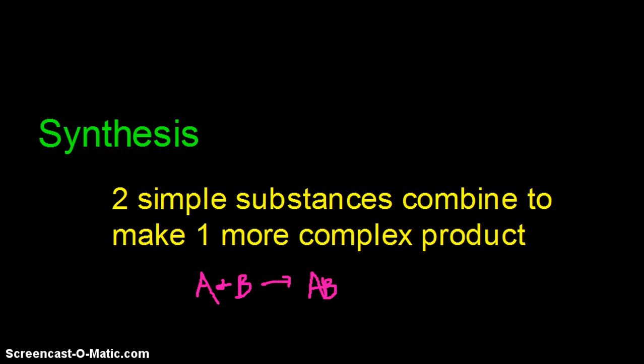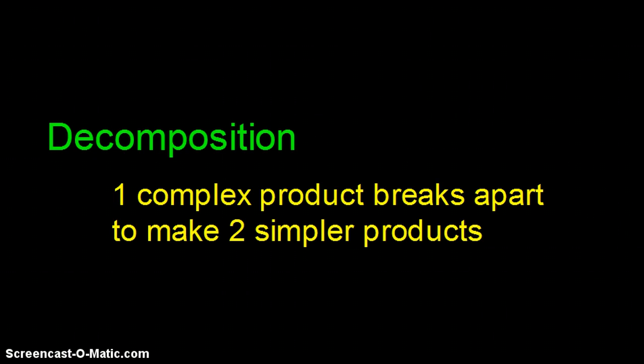Okay, the opposite of synthesis is decomposition. We talked about decomposition as one of the examples of chemical reactions. And this is the opposite. It's one complex product breaks down or breaks apart to make two simpler products.